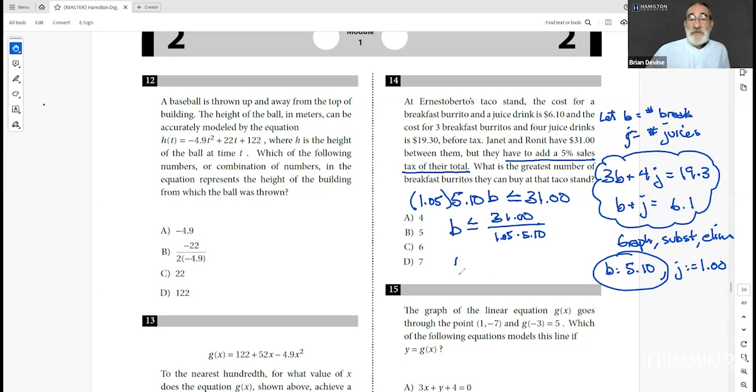And I get that B has to be less than or equal to 5.79. And since I cannot have partial burritos, B's got to be equal to 5. So B is your correct answer.